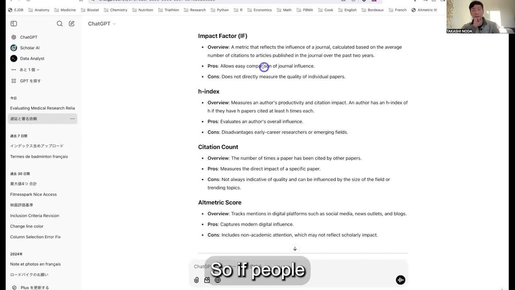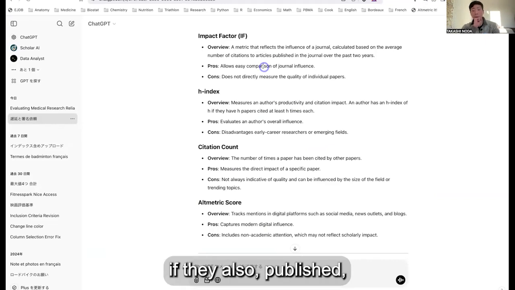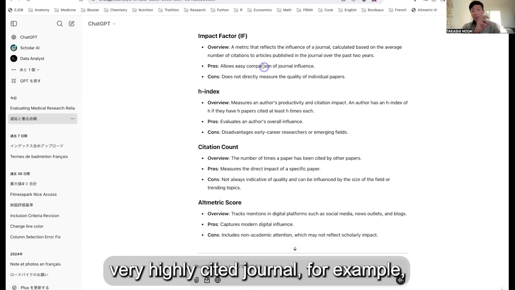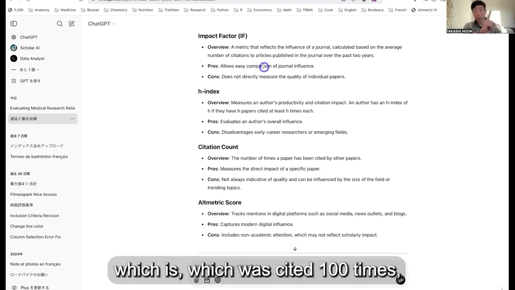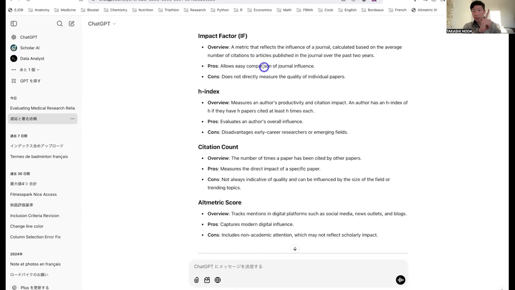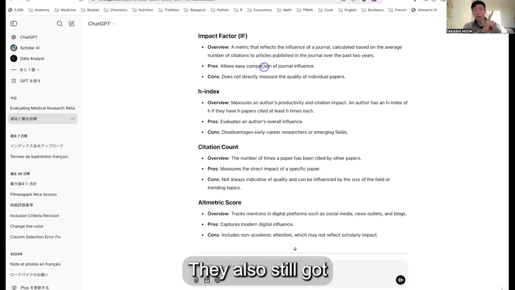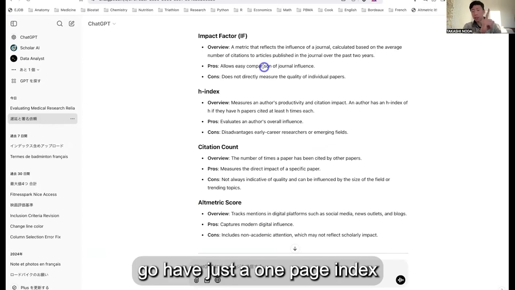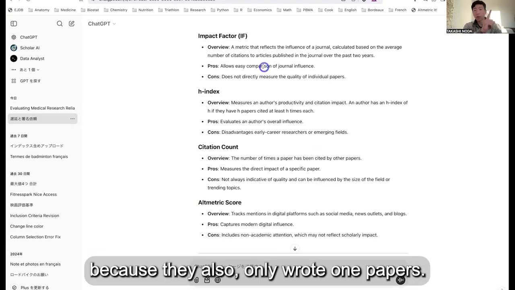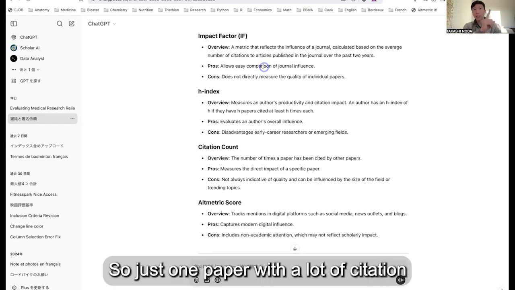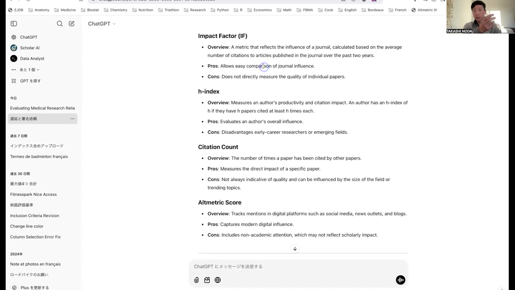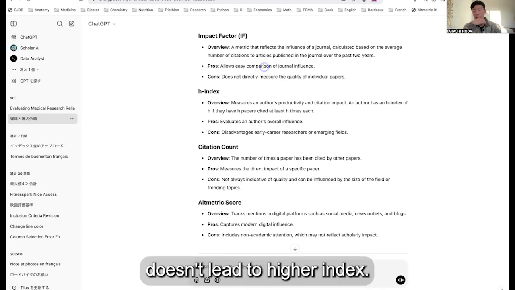Even if an author published in a very highly cited journal, for example, if the author wrote just one article which was cited 100 times, they would still have just an H index of one because they only wrote one paper. So just one paper with a lot of citations doesn't lead to a higher H index.